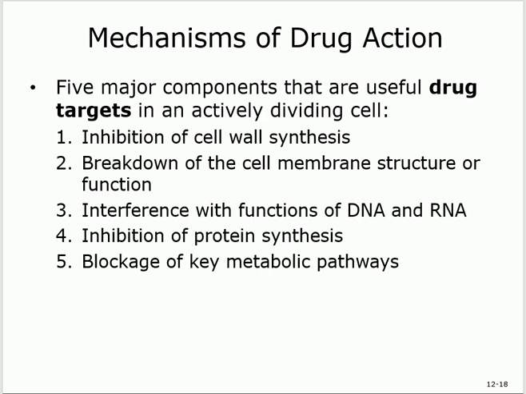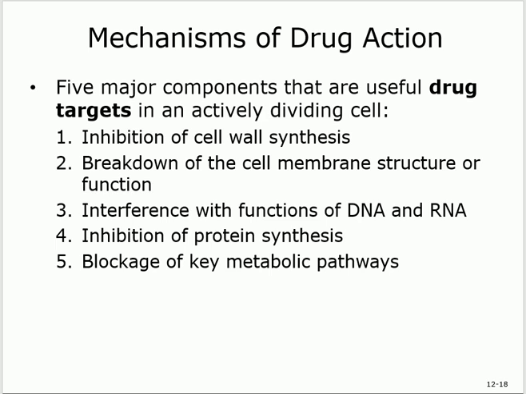What are you going to work on? I'm going to work on any part of the bacteria. Does the bacteria have a cell wall? Yes, we can work against the cell wall. Does it have a cell membrane? Yes, we can work against the cell membrane. Does it have genetic material? We can work against the genetic material. Do bacteria have ribosomes? Yes.